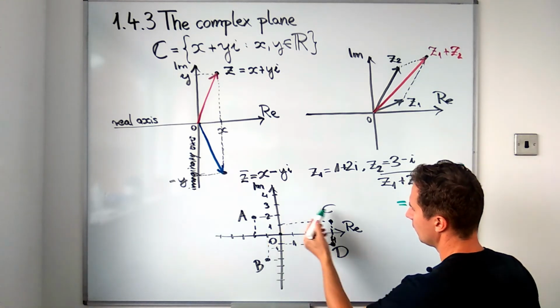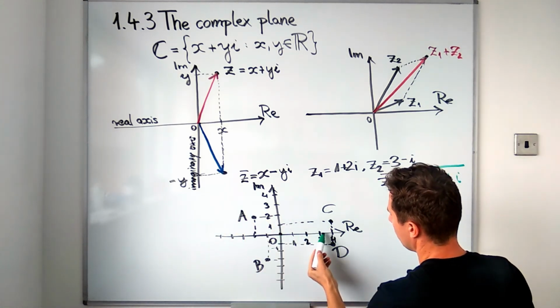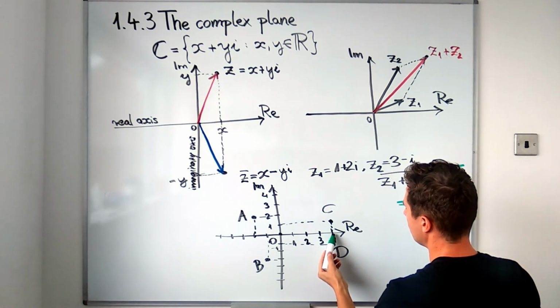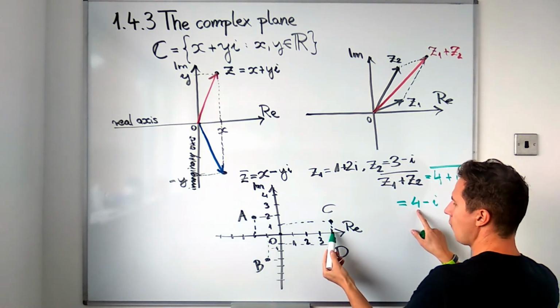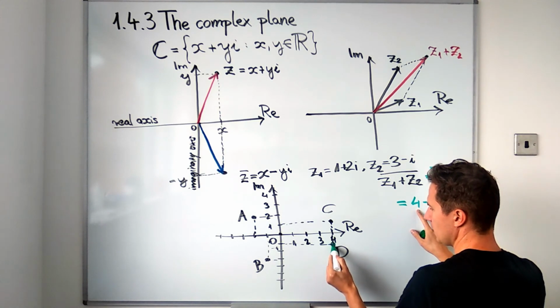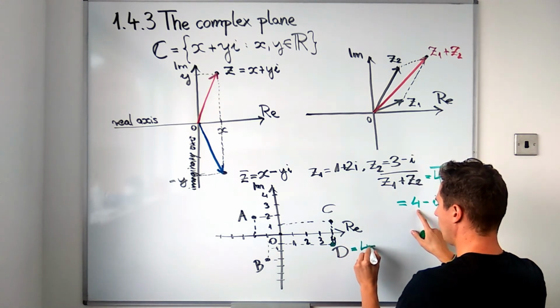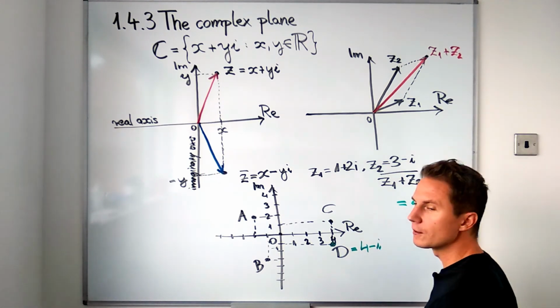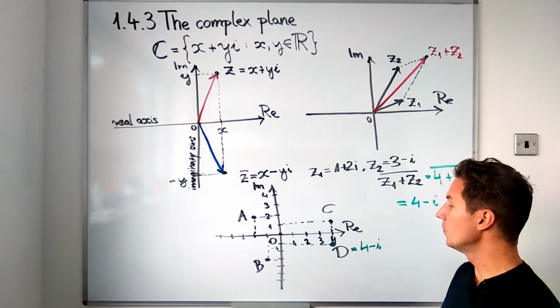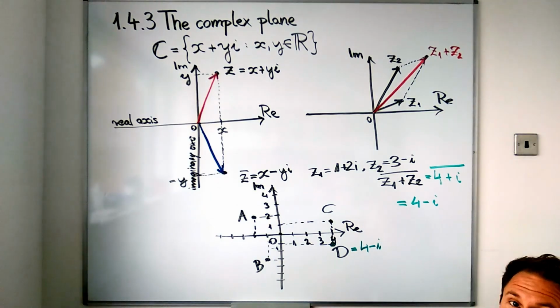And if you look at the diagram, you have to go 4 units of distance to the right to arrive at 4, and then go 1 unit of distance down to have the number 4 minus i represented. Okay, I hope you got this right, and I'll see you in the next one.